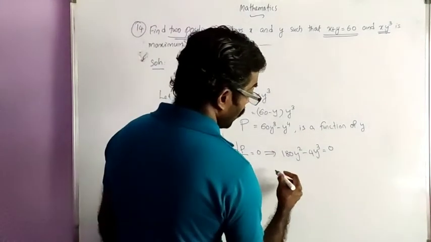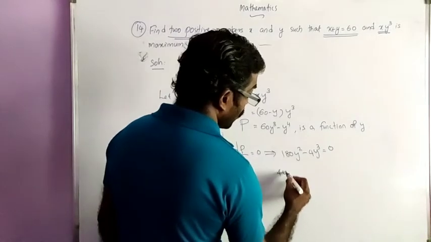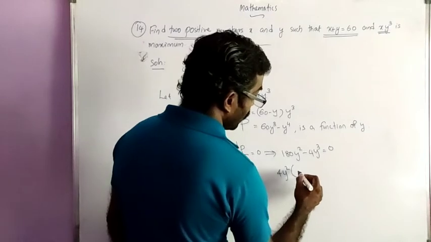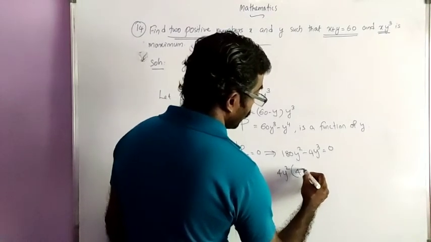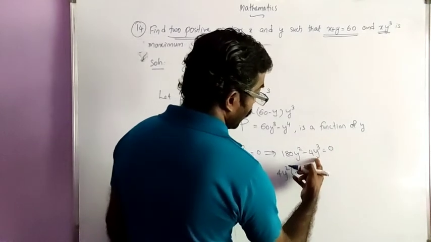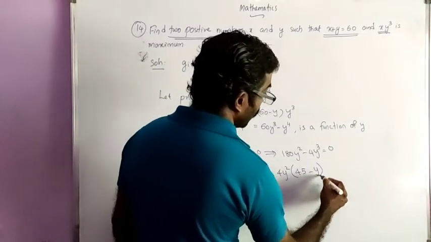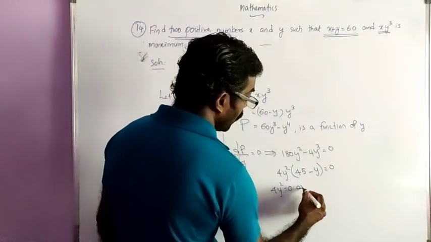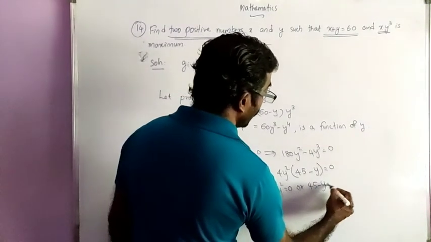Here we can take 4 y square common. So 4 y square into, here what we get, 4 45s are 180, that is 45 minus y is equal to 0. Which implies 4y square is equal to 0 or 45 minus y is equal to 0.